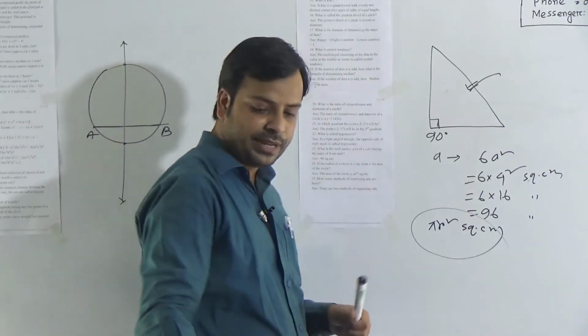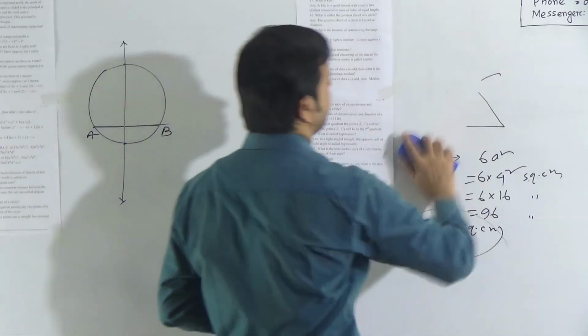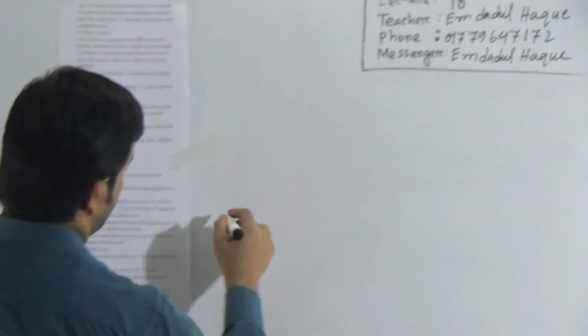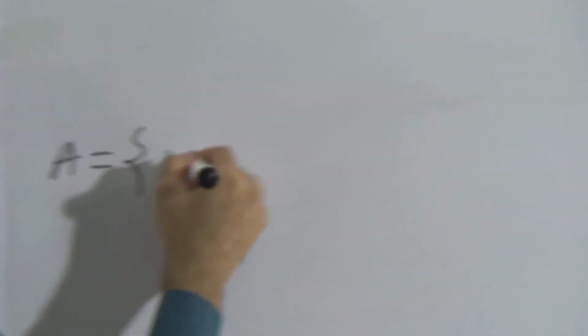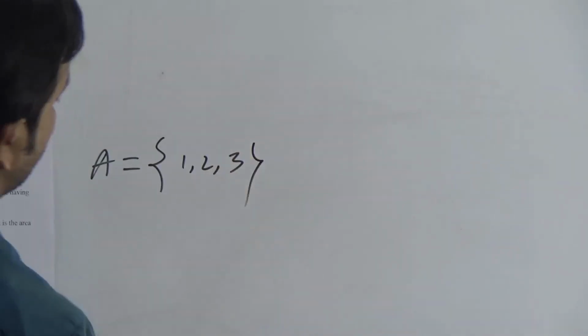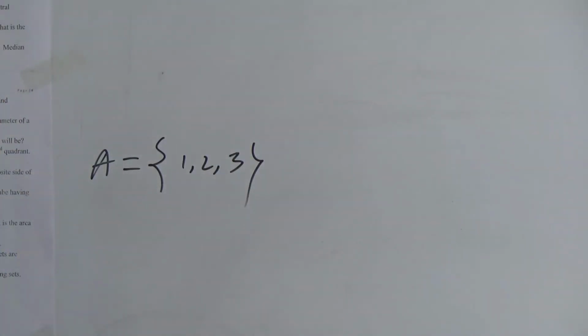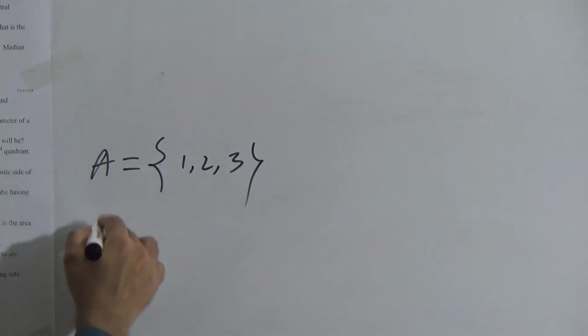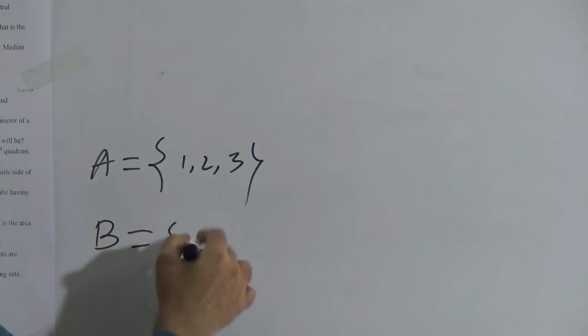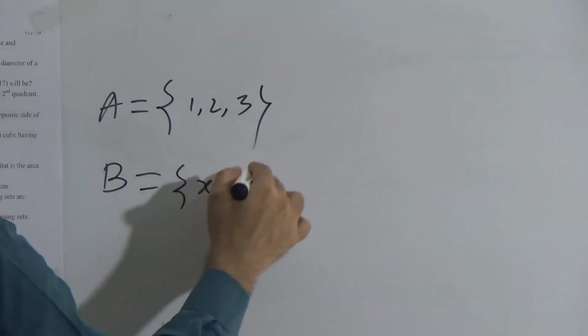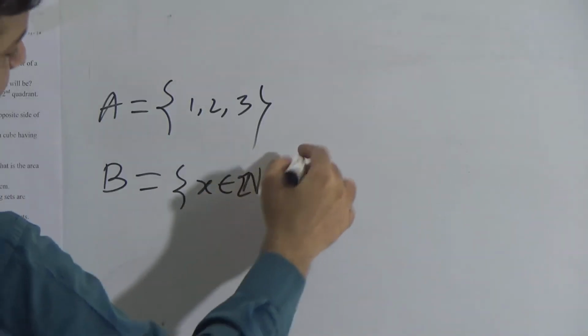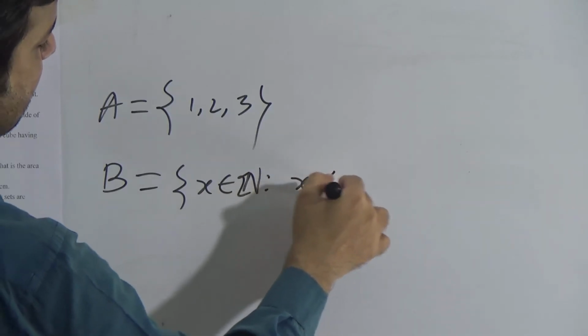Suppose I am giving 2 examples here. Suppose A is a set and the elements of A are 1, 2, 3. This is the tabular method. Another one, suppose B is a set. I am writing x belongs to N such that x is less than 5.